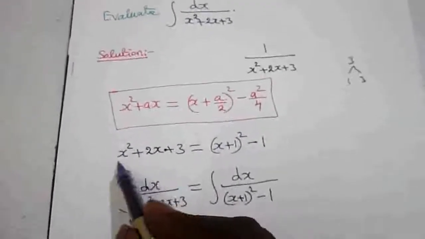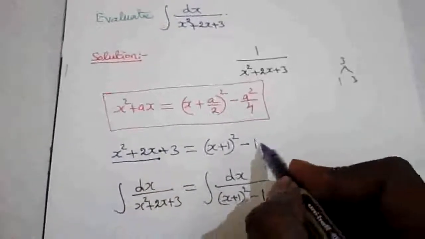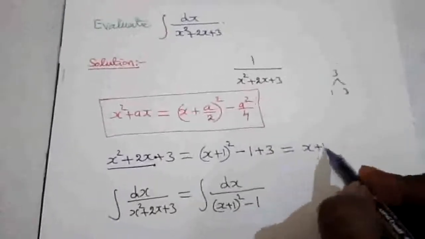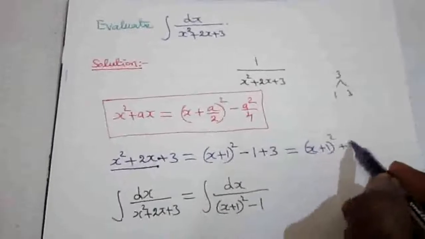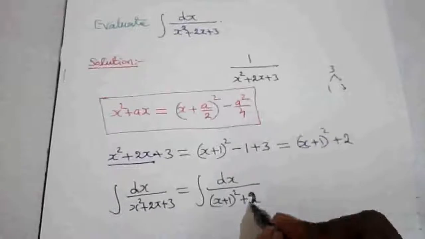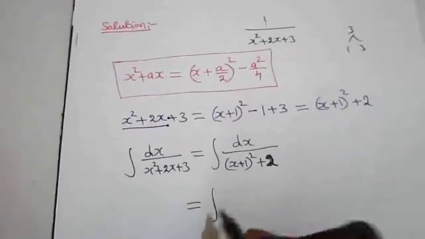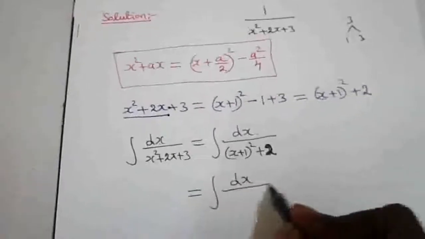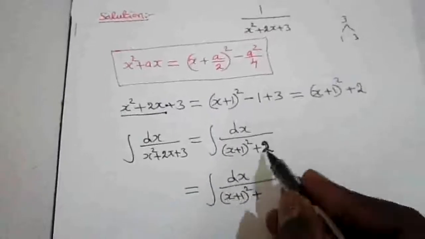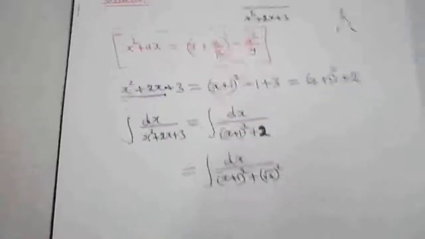This is only for x square plus 2x. The next term is 3, so here you have to write 3. So 3 minus 1 is 2. Actually this is x plus 1 the whole square plus 2. So now the integral term can be written as x plus 1 the whole square plus root 2 the whole square.